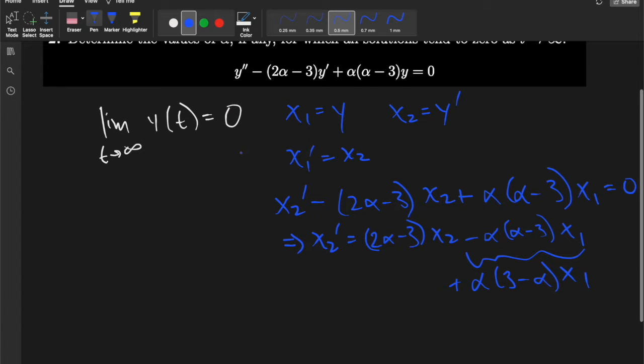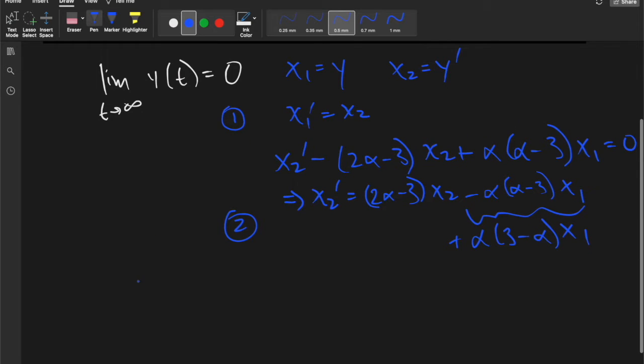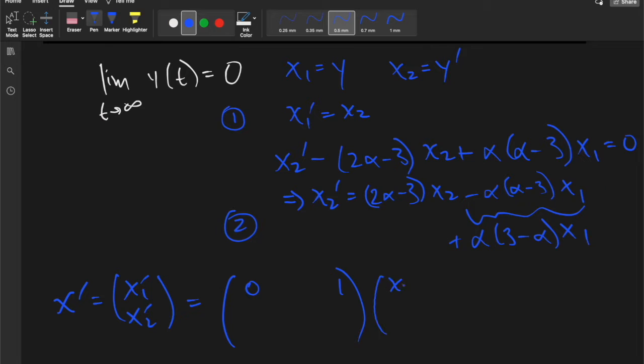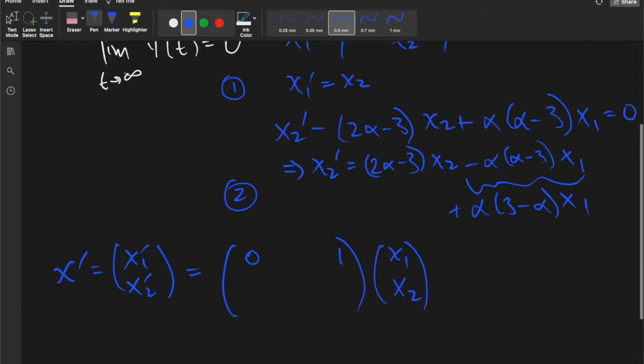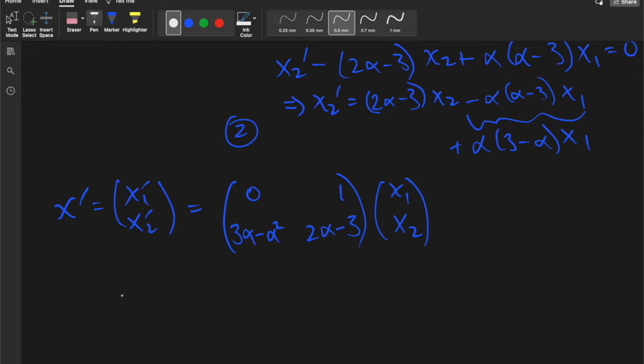So now if we convert these two equations into matrix form, what we get is... now we can try and solve this equation.